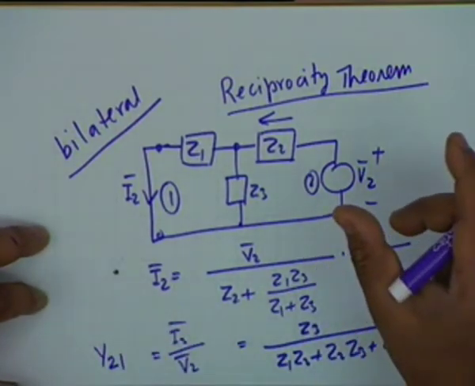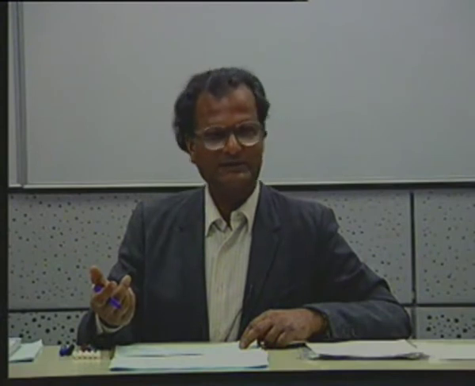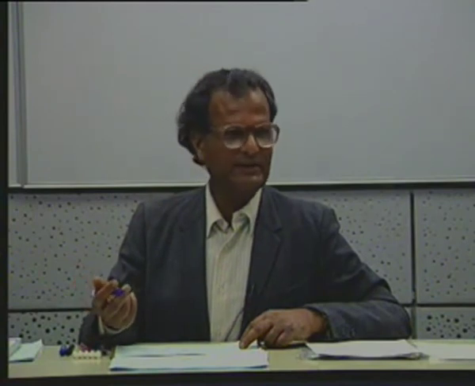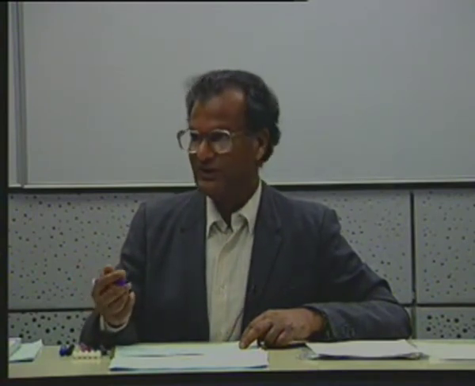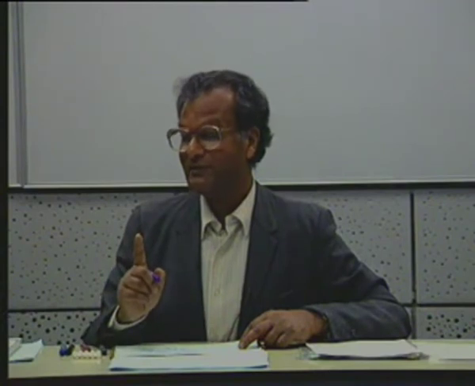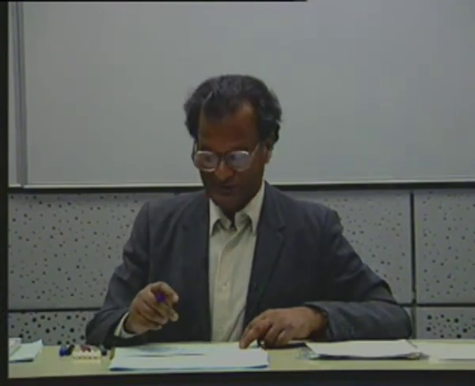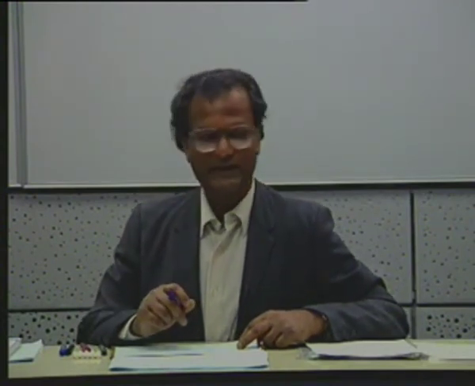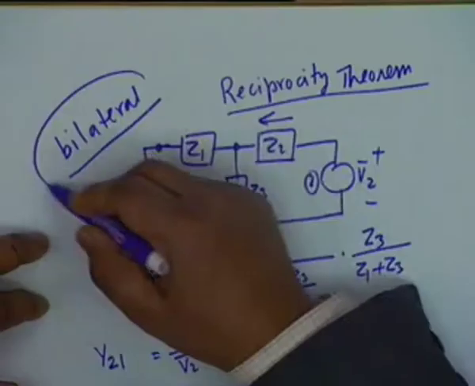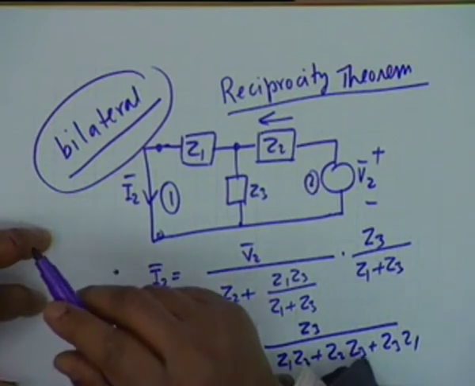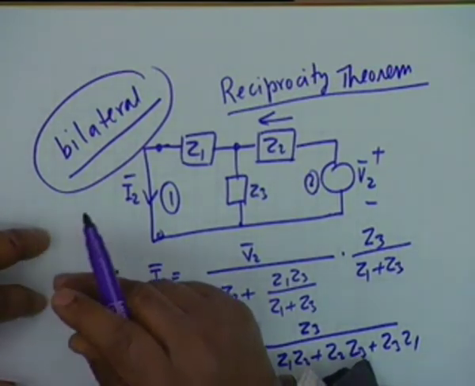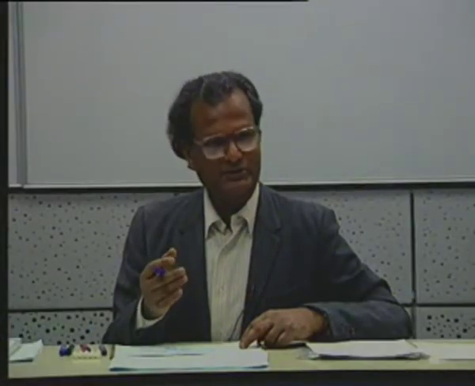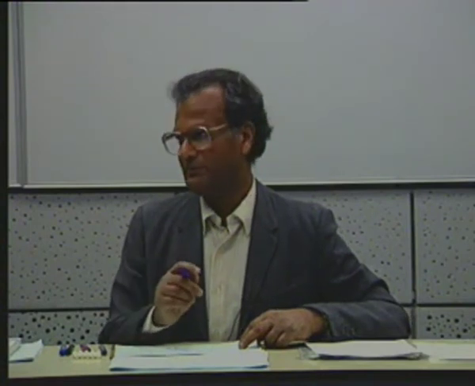If the same voltage is applied, the same current should flow, and the resistance conducts equally well in both directions. Similarly an inductance, similarly a capacitance. But you know at least one element which defies this, that is a diode. So if a network does not contain unilateral elements like a diode, if it contains only bilateral elements, then the network is said to be reciprocal. That is, if the excitation and the response are interchanged, then the ratio remains the same.